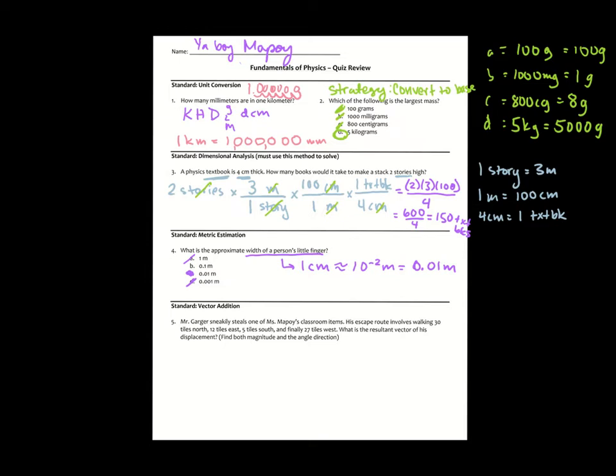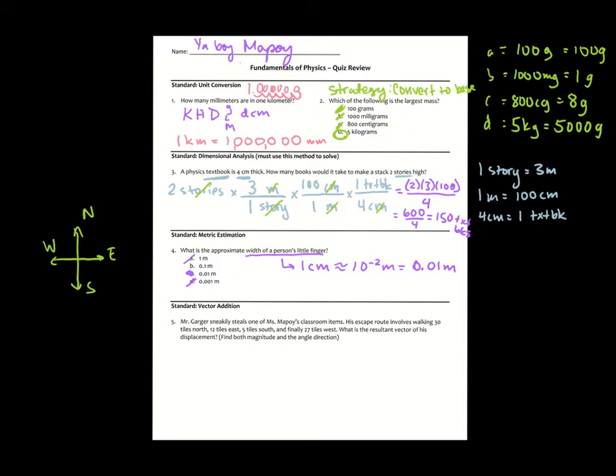Okay, number 5. All right, Mr. Garger's being a sneaky little person trying to steal my classroom items. This is the escape route. I'm going to draw it over here to the left. But first we need to keep in mind our compass directions: north, east, south, west.